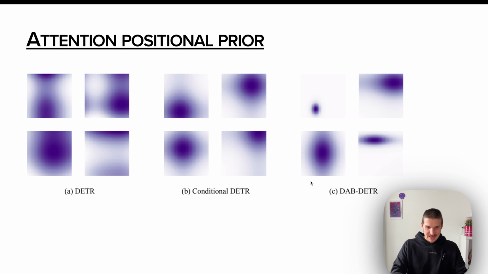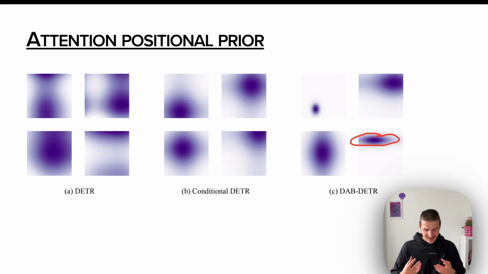And so supposedly, as reported by the paper at least, this should allow the attention to be modulated by size and shape. So it can make the total attention mask, at least the positional part, either smaller or bigger, or maybe make it really wide, or maybe make it really tall.